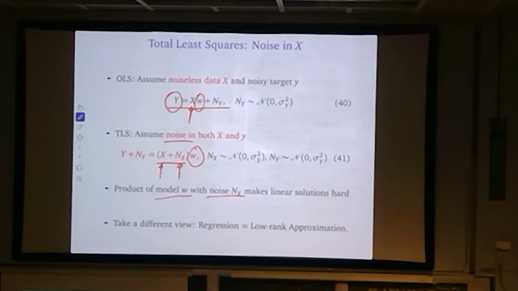But other than that, in terms of the nature of the measurements, they are equal. So for this total least square problem, you can see that taking the probabilistic view with MAP is not going to lead you to an efficient solution. We're going to introduce a new approach, take a different view. We treat regression as a low-rank approximation problem.